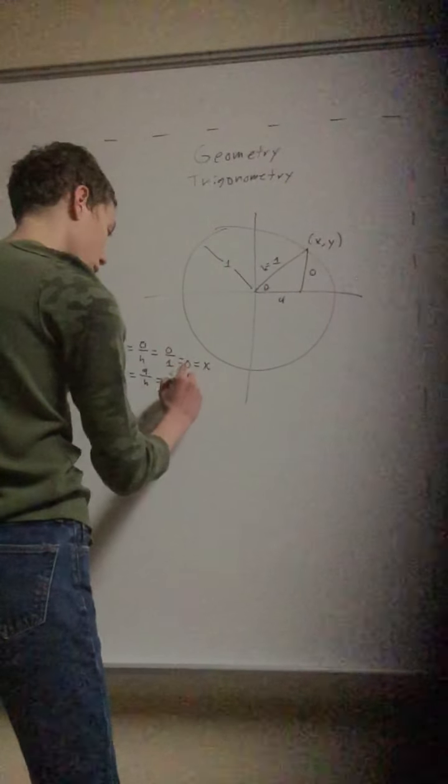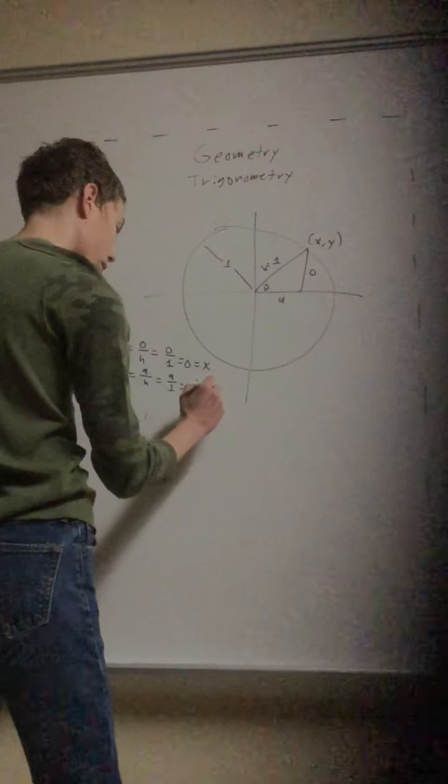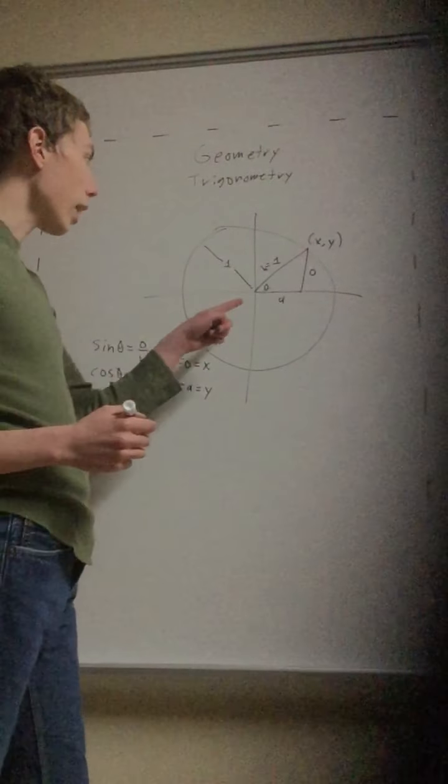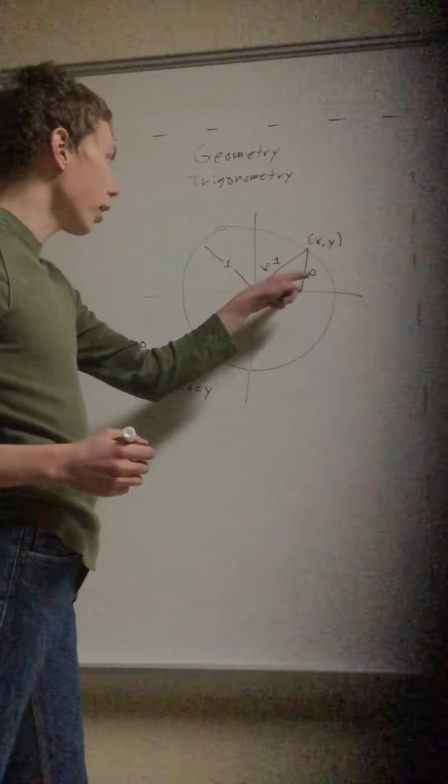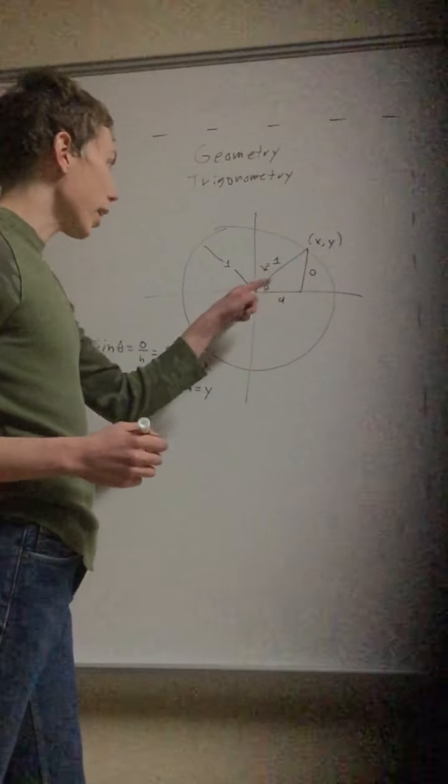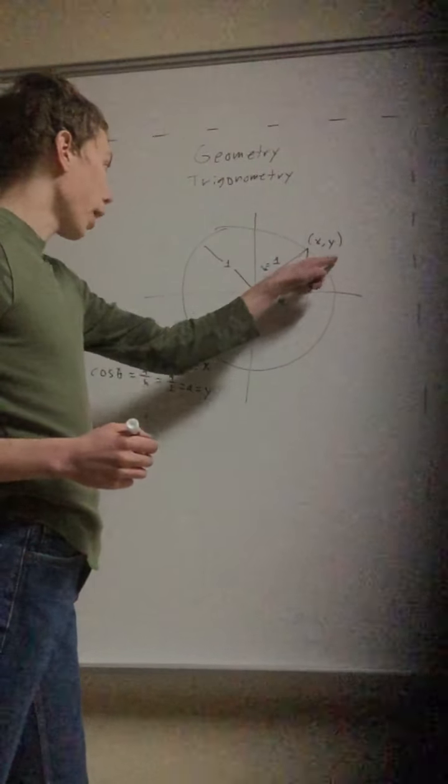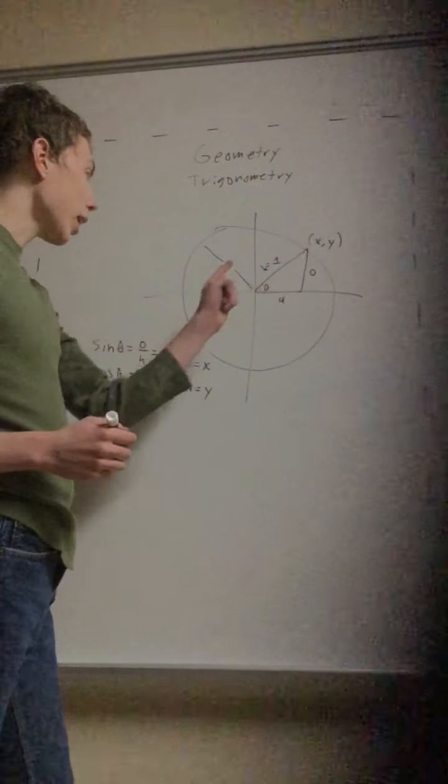In this case, since the hypotenuse is just 1, the opposite, or the sine, is just the y-coordinate, and the cosine is the x-coordinate.